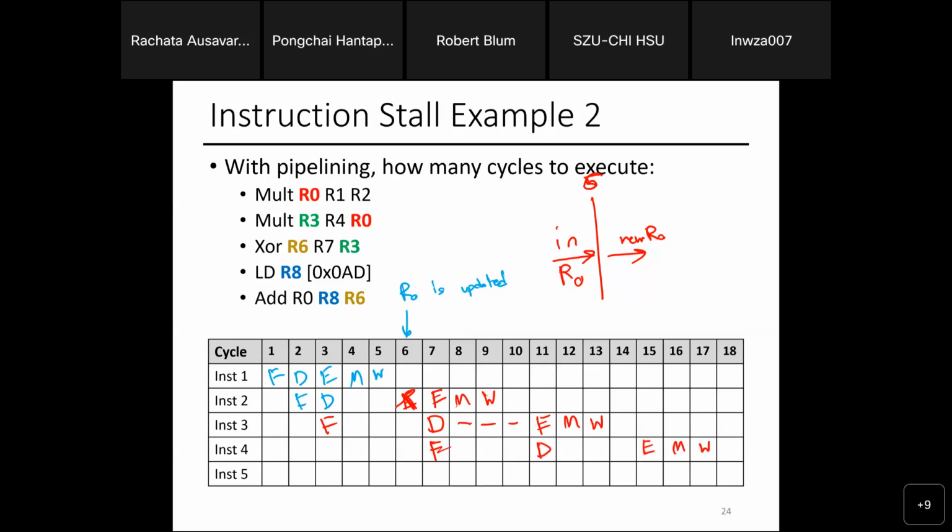All right. So again, is this better than 25 cycles if I don't do pipelining at all? Yes, it's still a benefit, but it's not good. Obviously, this is not good. Why do I have to wait 3 cycles, sending in this bubble and not doing anything?